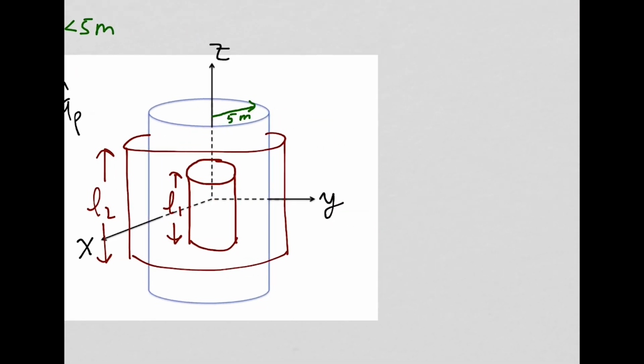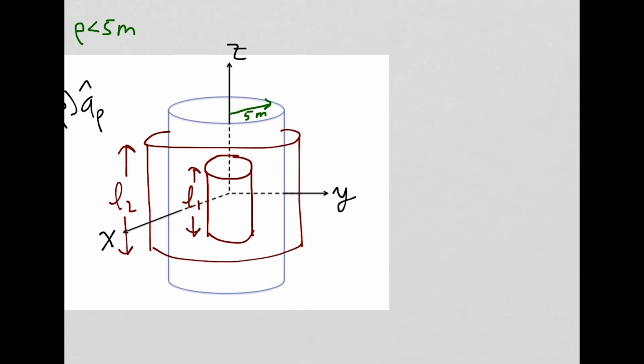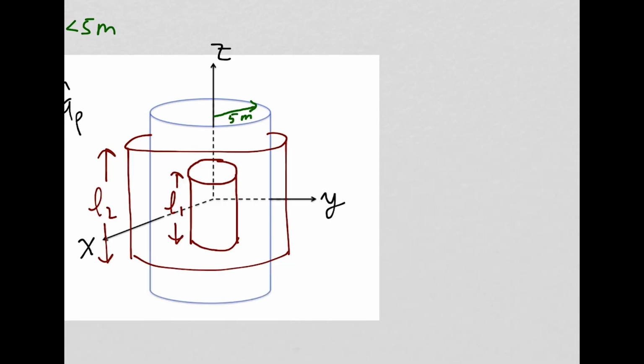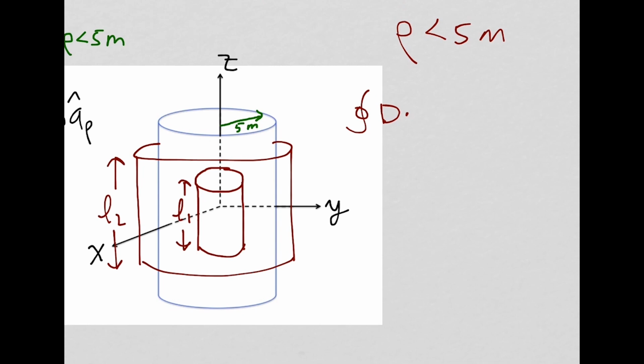So let's look at Gaussian surface 1 when rho is less than 5 meters. The integral of D dot dS is going to equal our charge enclosed, which will be the integral of rho sub v dv.